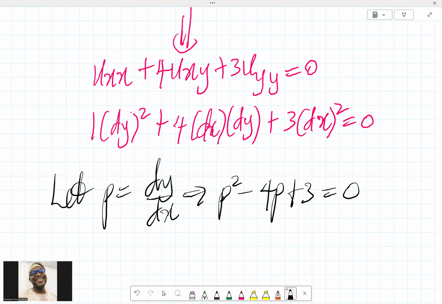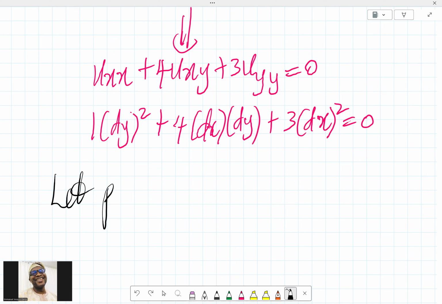Let me divide through so it doesn't fly over our heads. We are dividing through by dx squared because we want to free this up.